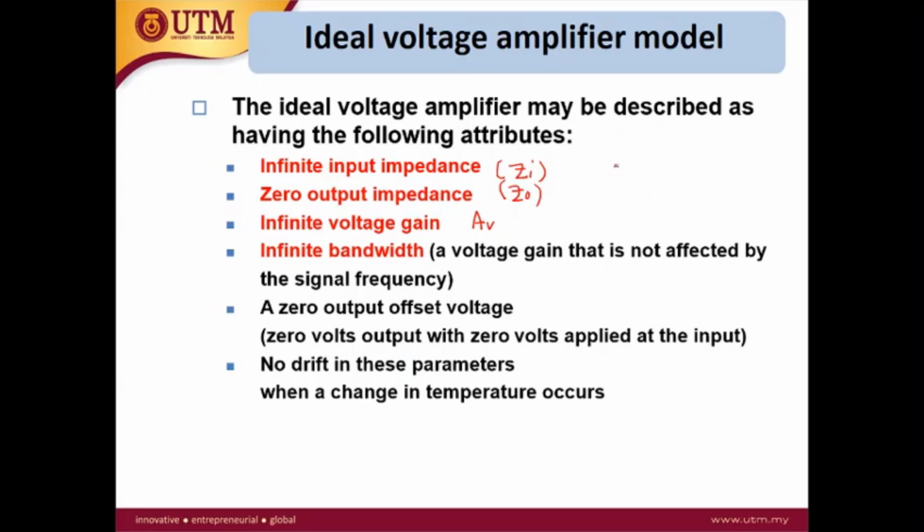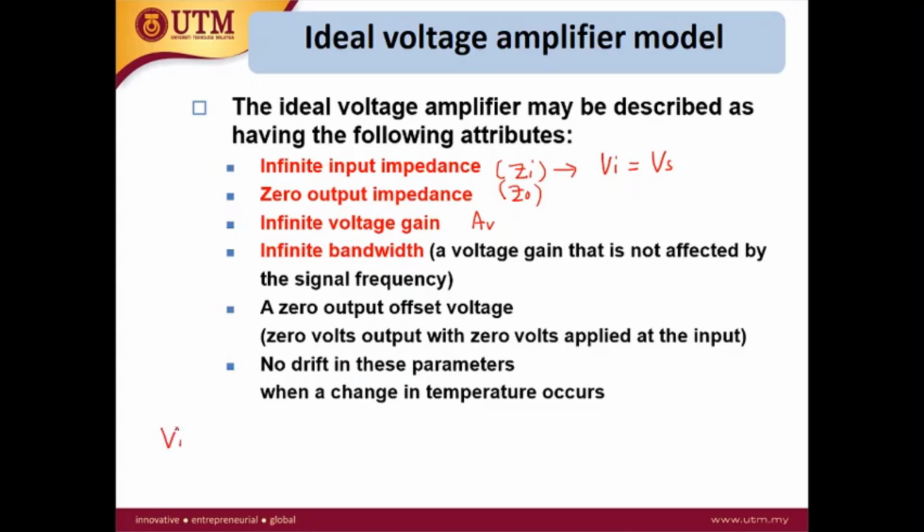Why do we want infinite input impedance? Because if Zi is infinite, the input of the amplifier will equal the supply voltage. How can we prove that?